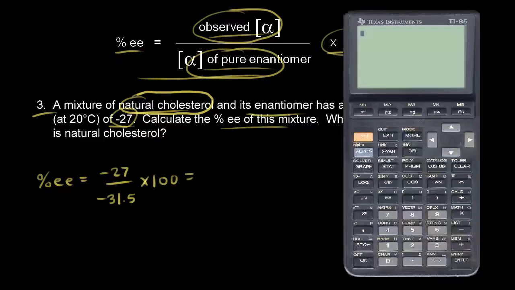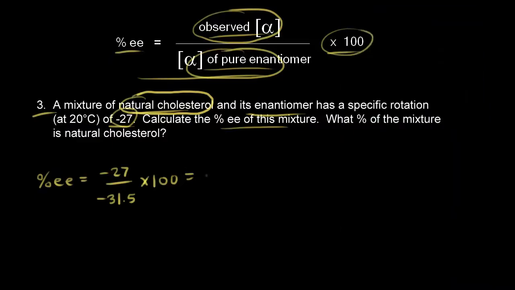So let's get out the calculator here. We don't need to worry about negative signs. So we can just take 27 and divide that by 31.5 and multiply by 100 and we get 85.7. And let's round that to 86%. So our percent enantiomeric excess is 86%. So we're done with our calculation here.